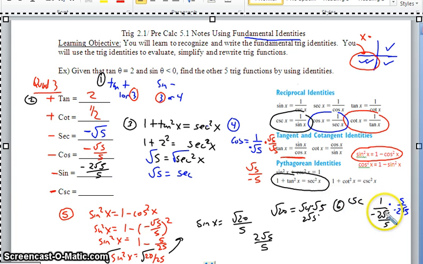So now my problem is I've got to get that square root of 5 out of the bottom, so I'll multiply by the square root of 5 over the square root of 5. So this becomes 5 square roots of 5 over a negative 2 times 5, which would be negative 10, and then I can reduce that by 5, so it would be square root of 5 over negative 2. And again, that answer should be negative as well.